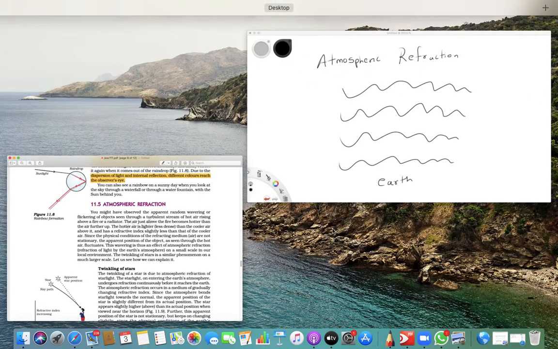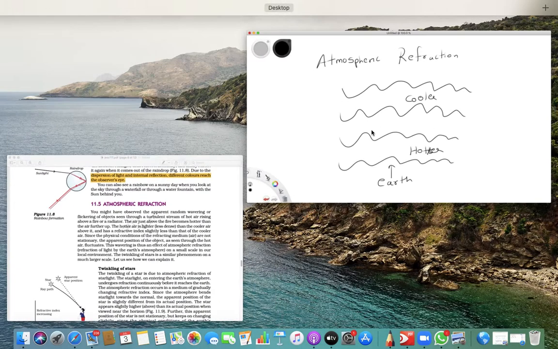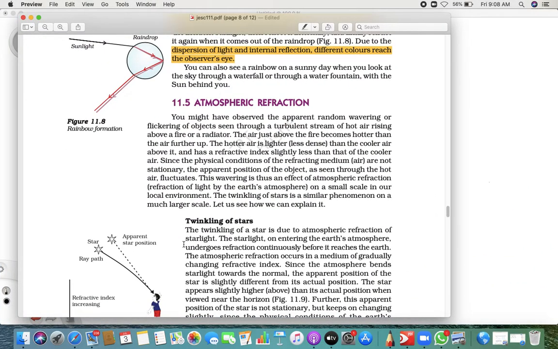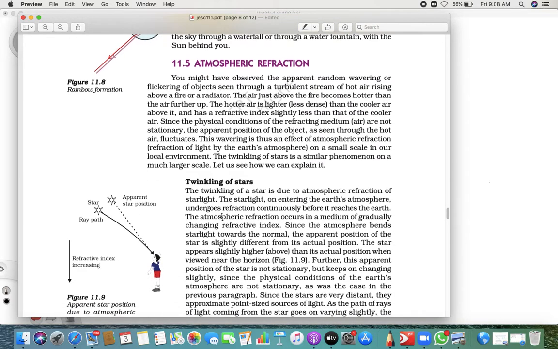So if you understand this phenomenon, the air above the earth is hotter during the daytime, and the air above it is cooler. Why is it cooler? Because when the earth is heated, definitely the air above it gets heated, right? So what happens is, have a look, okay.